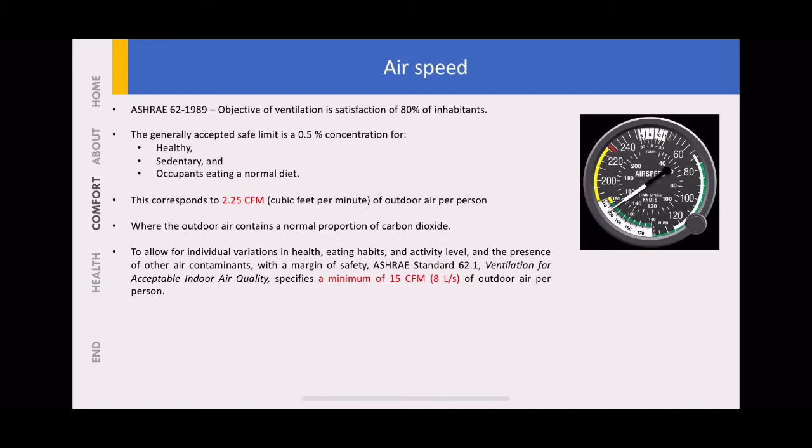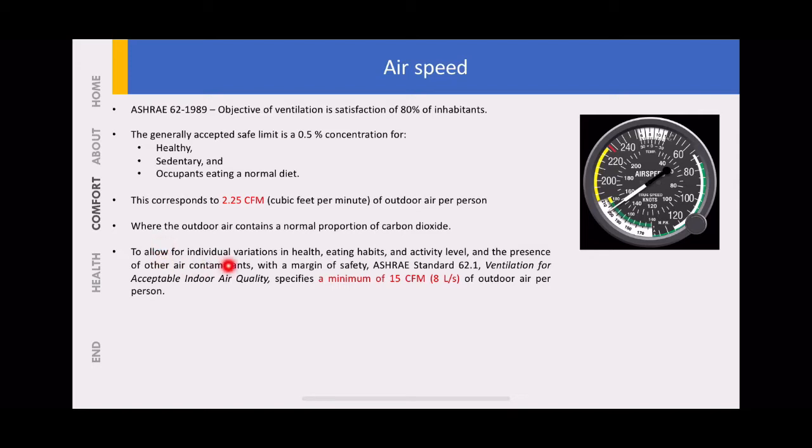The generally accepted safe limit is 0.5 concentration for healthy, sedentary occupants eating a normal diet. Right, so these 3 are the main aspects when we talk about airspeed. Of course, people who are sick sometimes require higher airspeed, sometimes lower airspeed. So it depends on the condition of occupants inside the room.